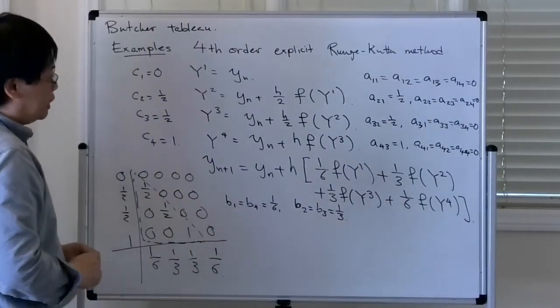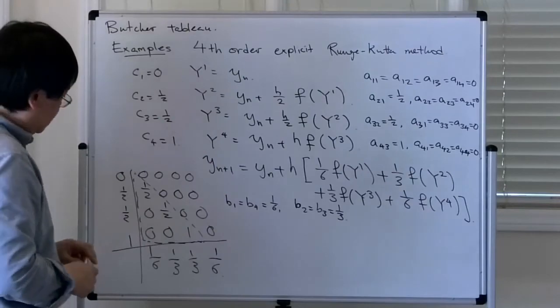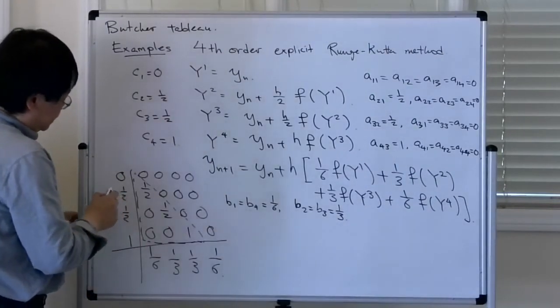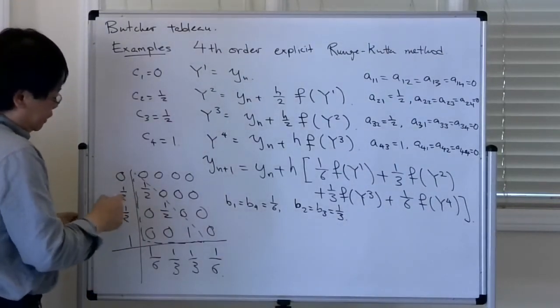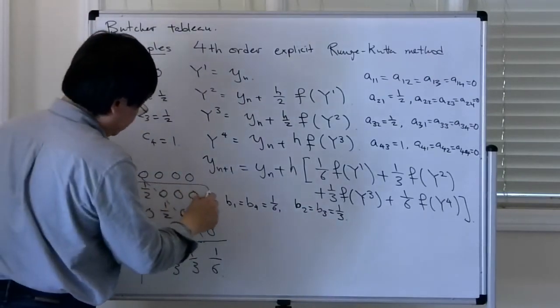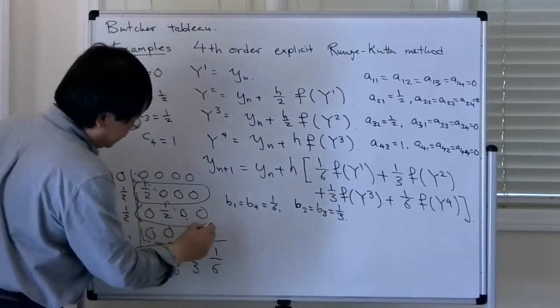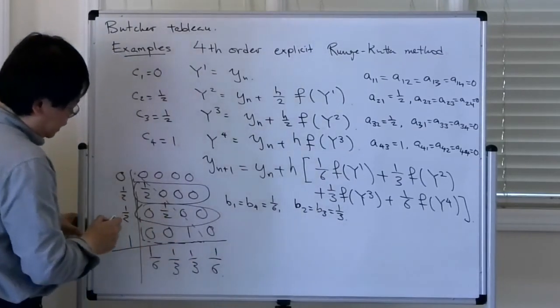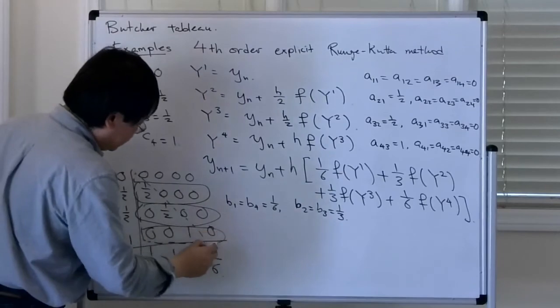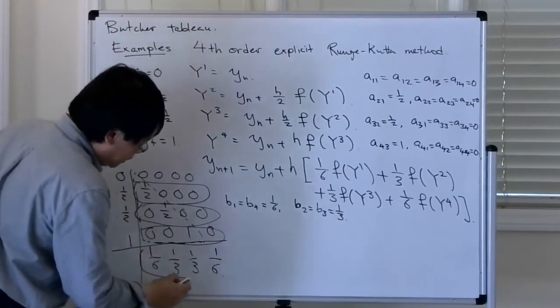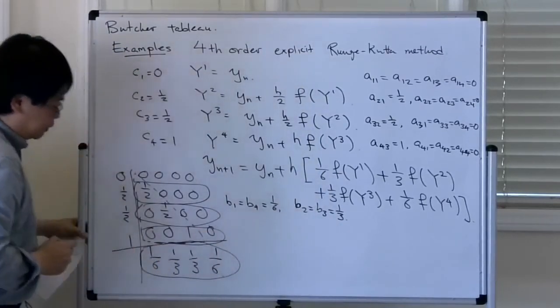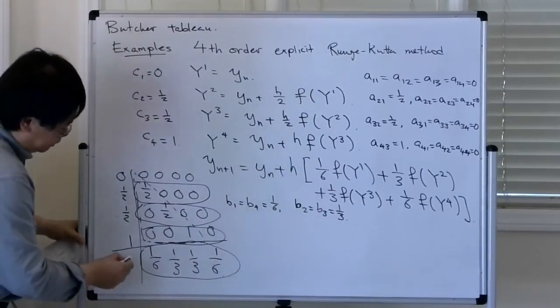The other thing you'll see as we go along is that the c coefficients correspond to the corresponding row sum. So if you sum up the entries in each row, you'll see that they correspond to the c values. And the same is true implicitly of the very last row, which has to sum up to 1.